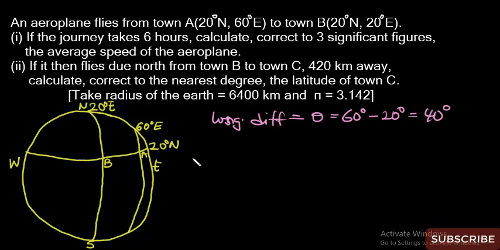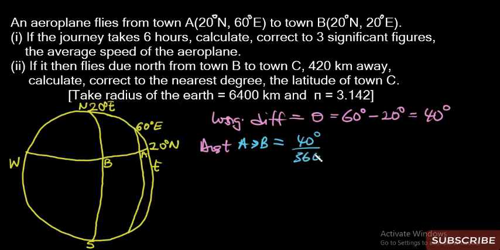Now let's calculate the distance traveled from A to B. The distance traveled from A to B is equal to theta, the longitude difference, which is 40 degrees, divided by 360, times 2 times pi, as given in the question, 3.142, times the radius.